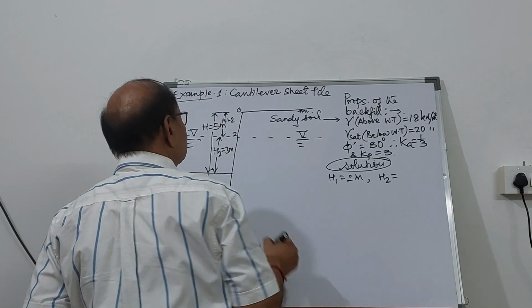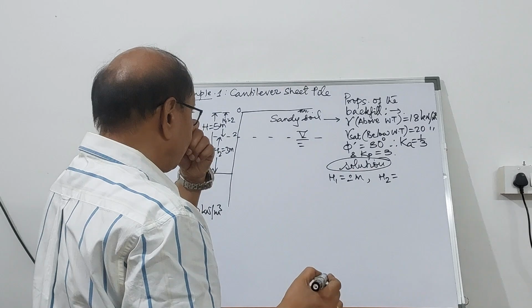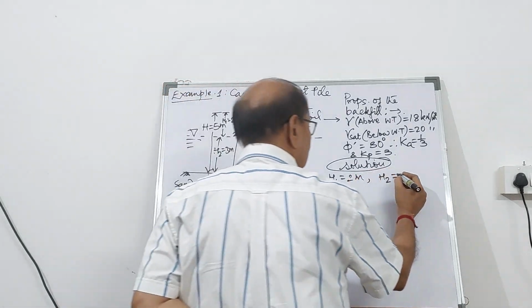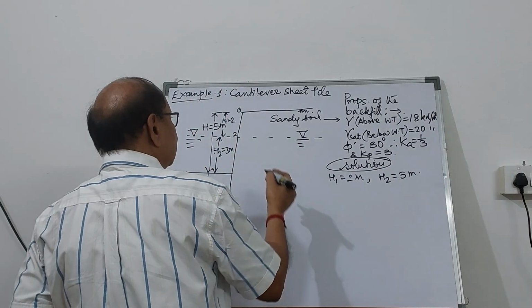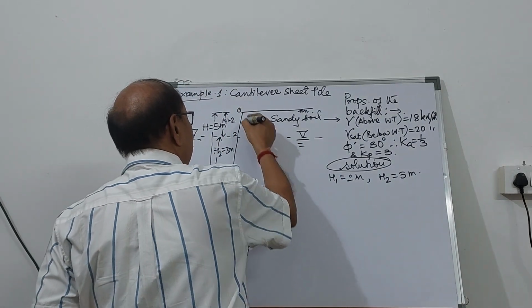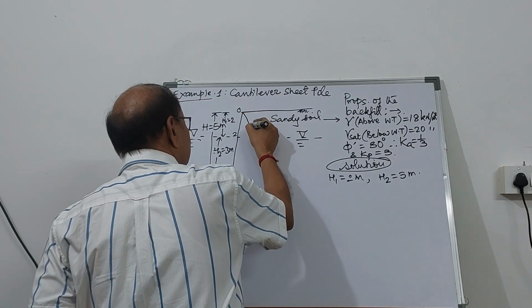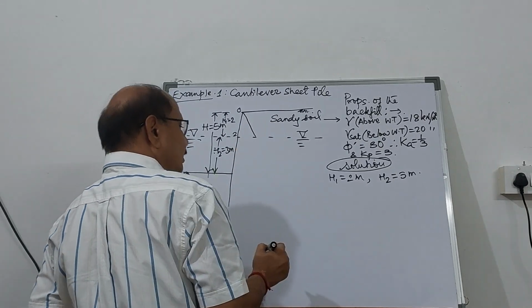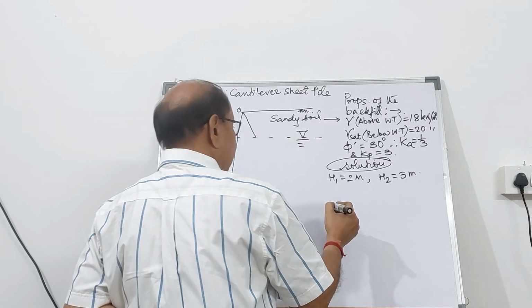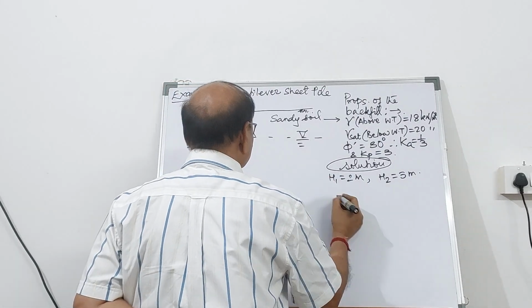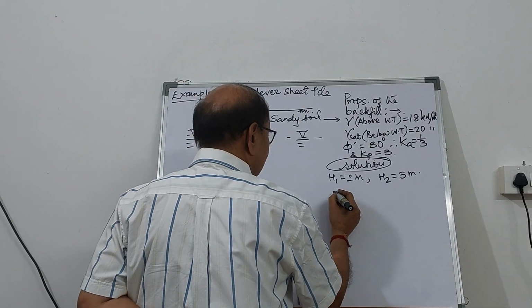So total it becomes 5 meter. Therefore, the pressure is going to be hydrostatic. So it will vary like this, and the pressure you can calculate.